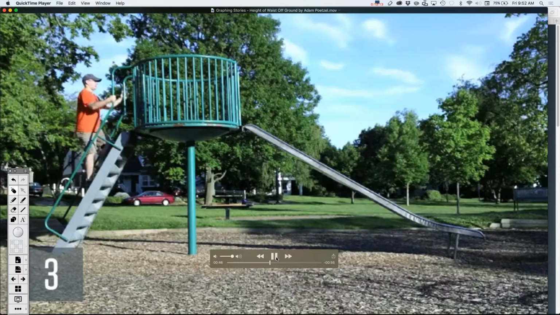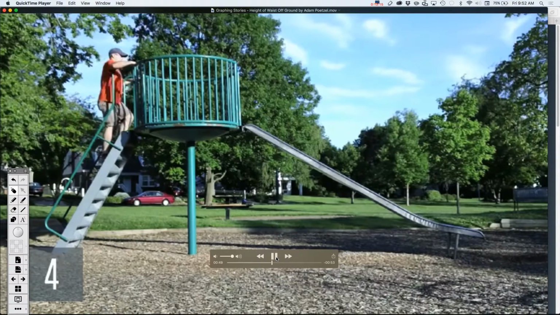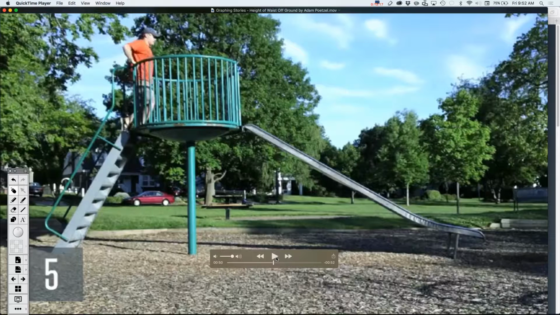Now, do I need to find the point the whole way up, or just stop at that? Let's just stop at when there's a change, because this would have all been constant. It would all have been just a line. So whenever there's a change in the height, that's where you want to put another point. How high do you think he's off the ground now at this point?